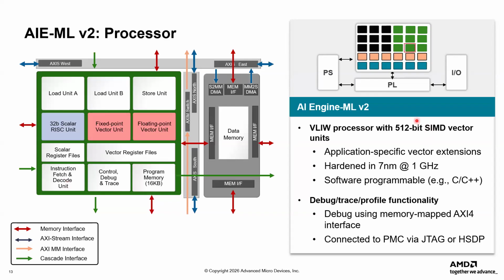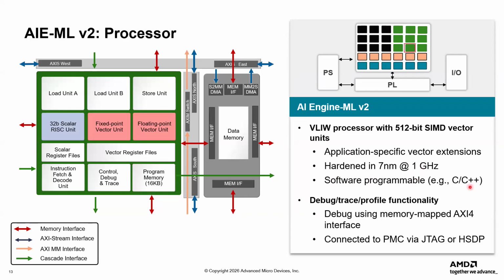So once again, the SIMD data path is 512 bits wide. This is hardened in 7 nanometer technology operating typically at about a gigahertz, actually faster than that in most devices, all the way up to like 1.3, depending on the speed grade part. These are all software programmable.